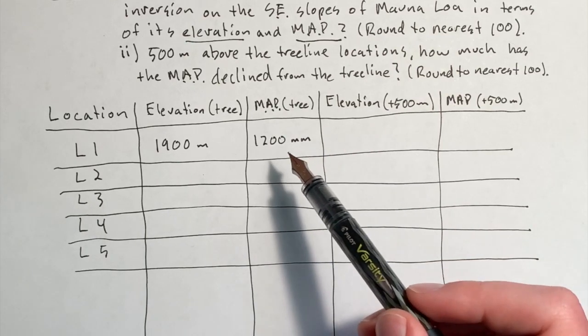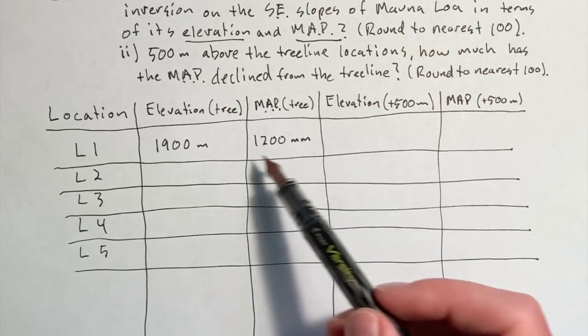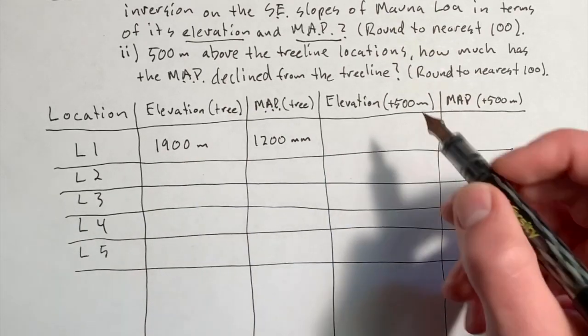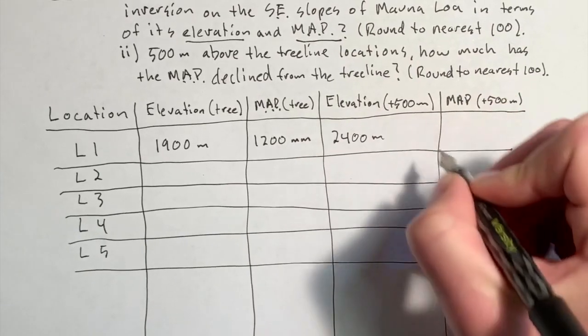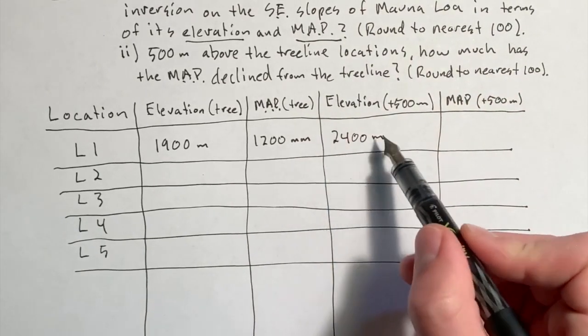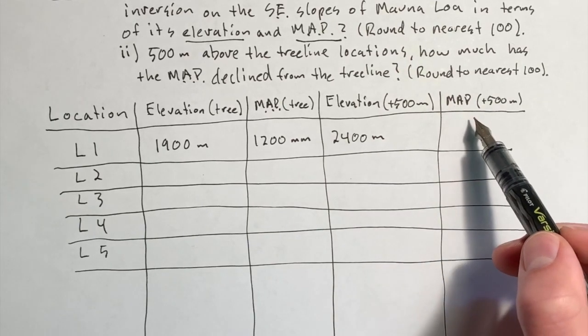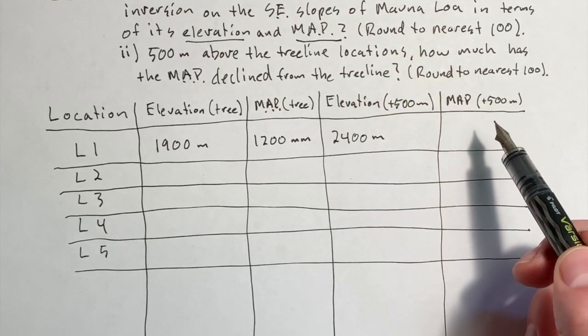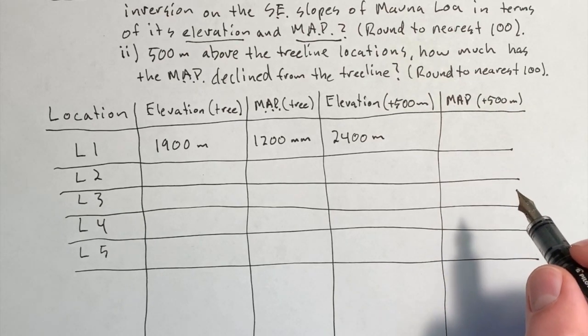Now we're going to go to our elevation 500 meters above the tree line. So 500 meters above this is 2400 meters. And you're going to walk your avatar up until the elevation is 2400 meters, and you're going to see what the mean annual precipitation is at that location. And let's say it's 905.